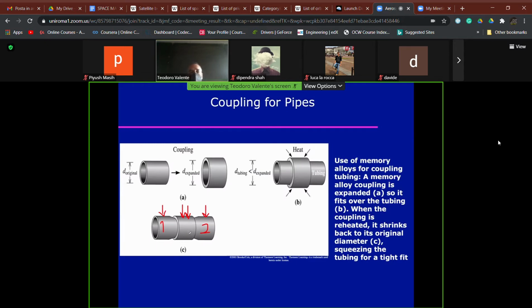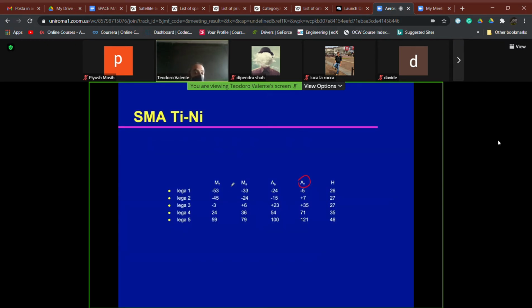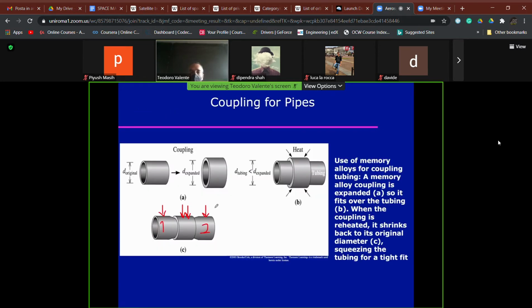So we start in the austenite phase with this configuration of the materials. Then we can, for example, by varying temperature, allow the transformation in this ring of the existing austenite to martensite, 100% martensite. And the temperature that we need to reach depends on these characteristic temperatures. You can see, for example, we can do this also at room temperature.